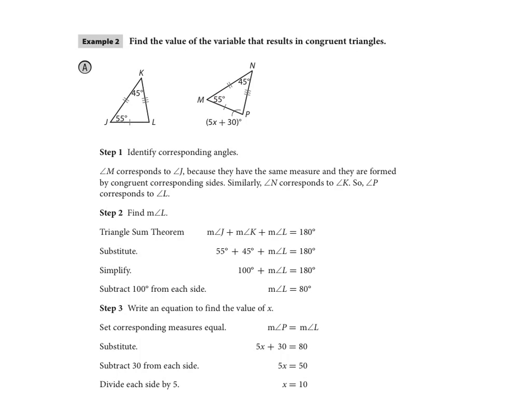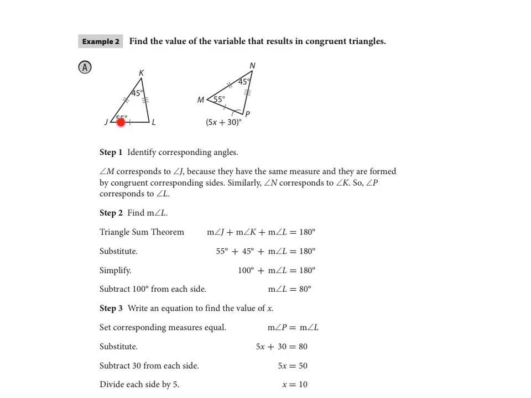In example 2, it says find the value of the variable that results in congruent triangles. So first off, what we need to do is identify what the corresponding angles are. We can look through here and say angle M is our 55-degree angle.